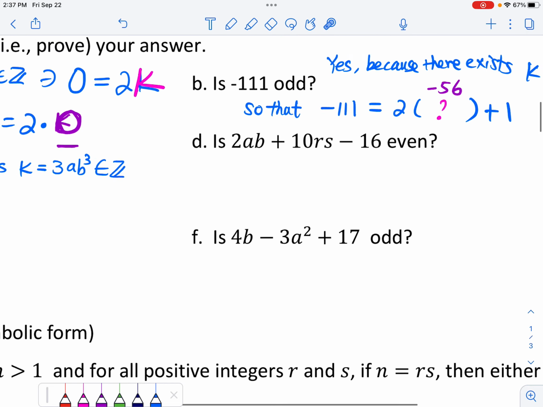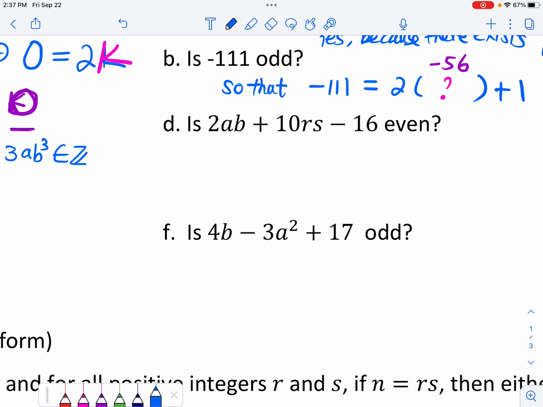Let's take a look at this one. It's getting more and more involved. Is this term even? In other words, are you able to find something so that this is equal to twice an integer?